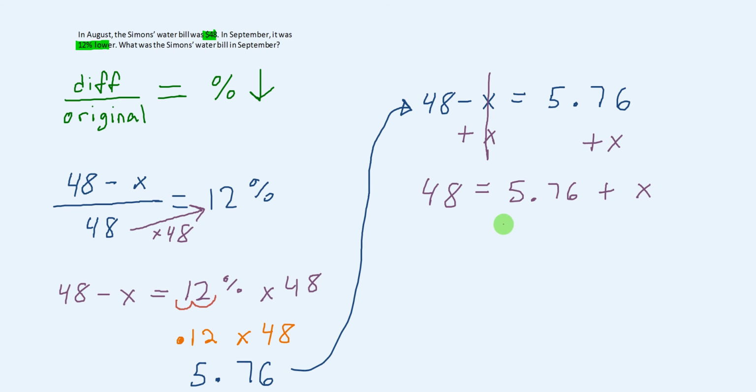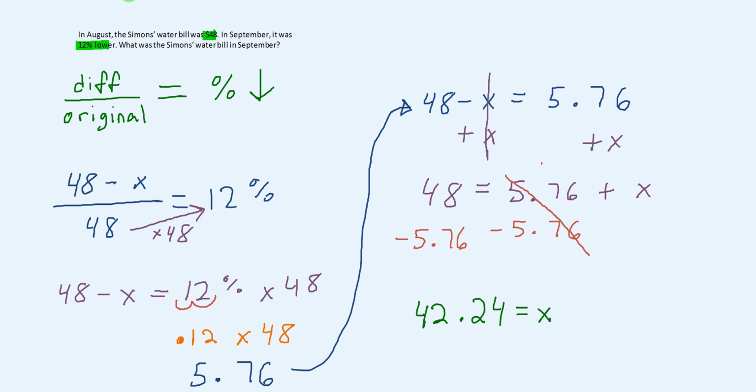So let's subtract 5.76 from both sides to keep the equation balanced. 5.76 and 5.76 will cancel out. And 48 minus 5.76 is 42.24. That's equal to X.